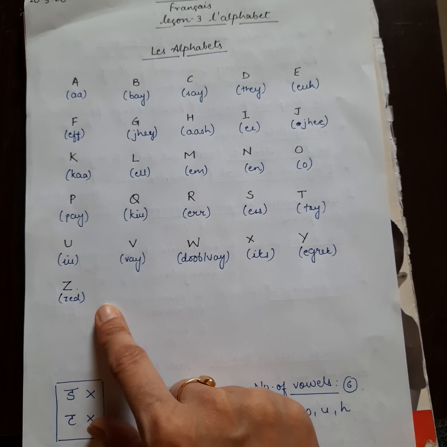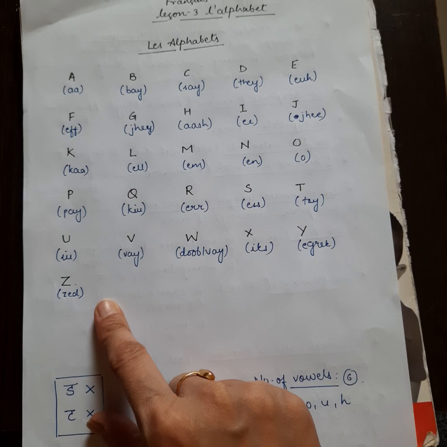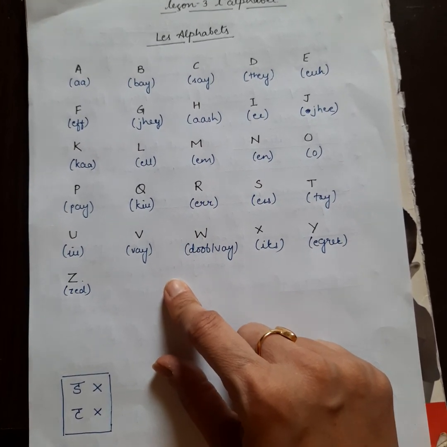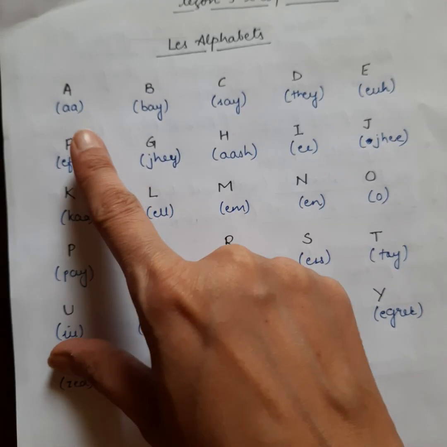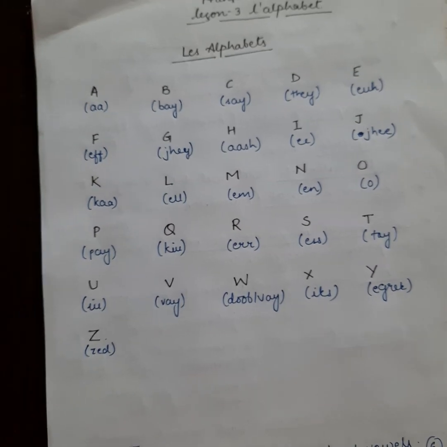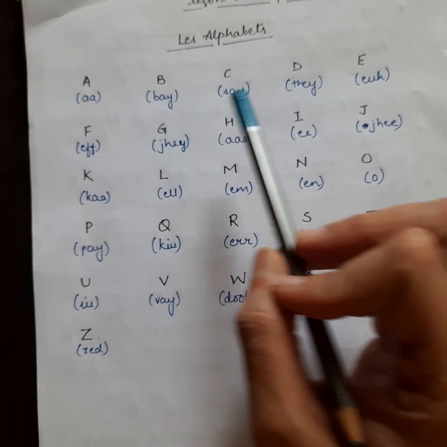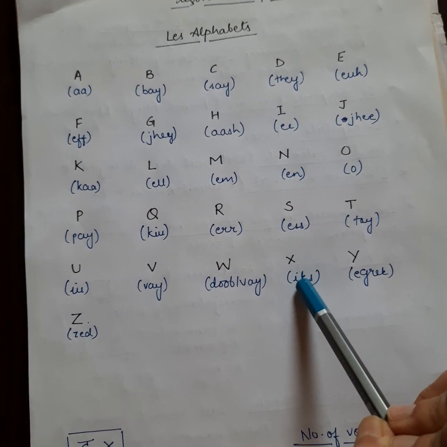There are 26 alphabets, but the pronunciation of the alphabets is totally different. As you can see, I have noted down the pronunciation with a blue pen. You can find it in your book as well.